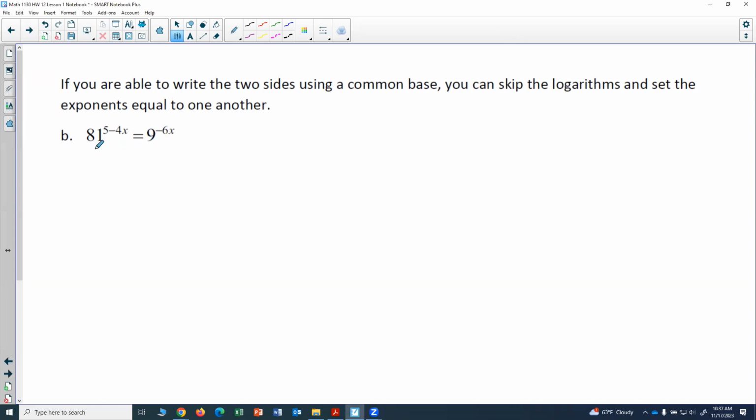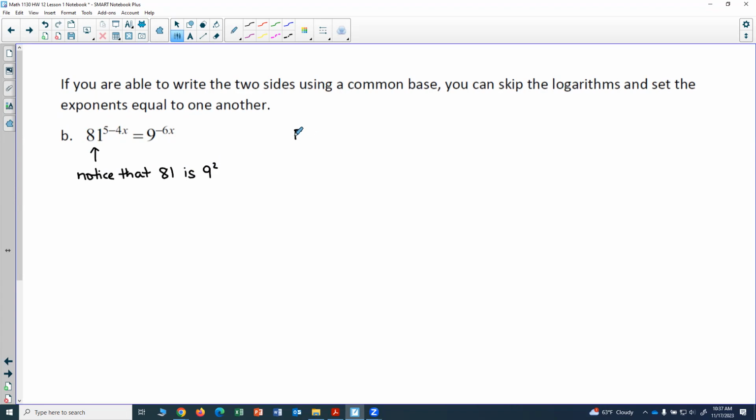So what I notice when I look at this is I know that 81 is 9 squared. So I'm going to notice that 81 is the same as 9 squared.